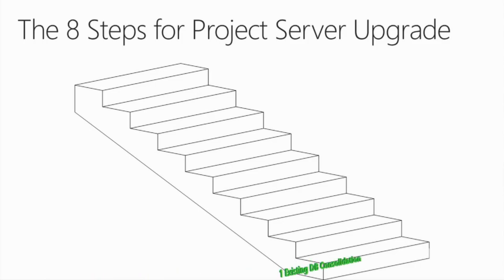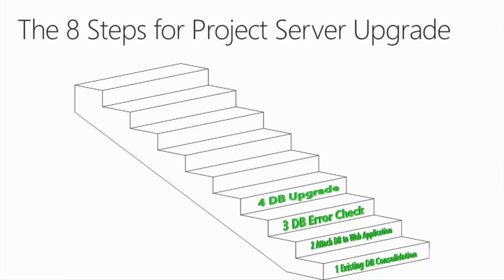So the first one is your existing database consolidation. After you've done that, you want to attach the database to your web application. Then you do an error check on your database. Once you get your errors checked clean and things are in good shape, you go ahead and upgrade the database. Then you mount the PWA instance.